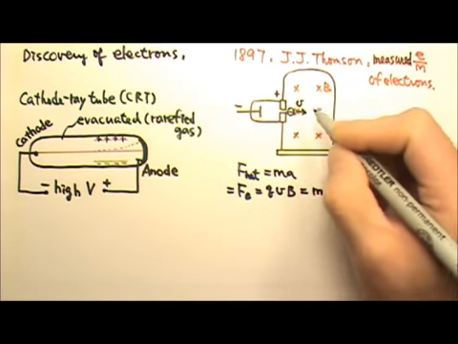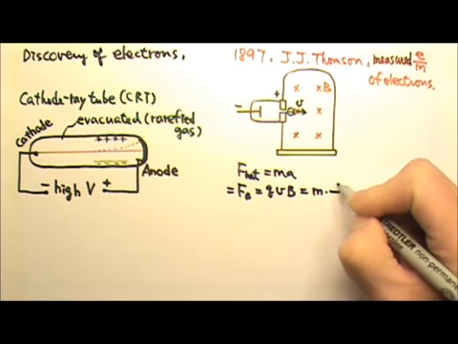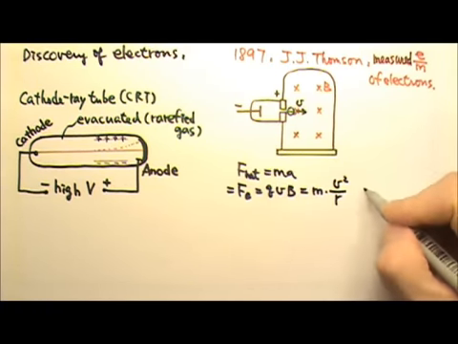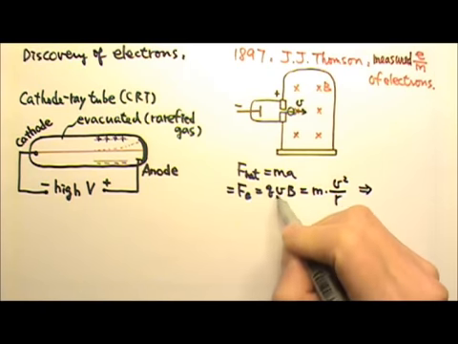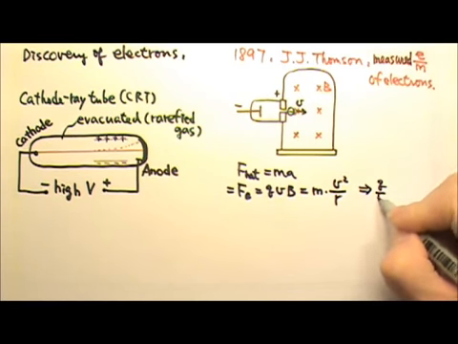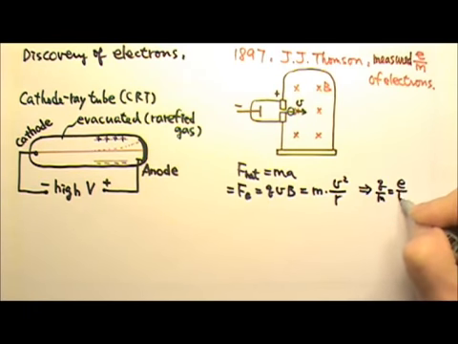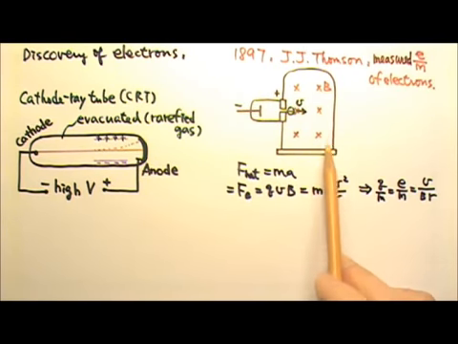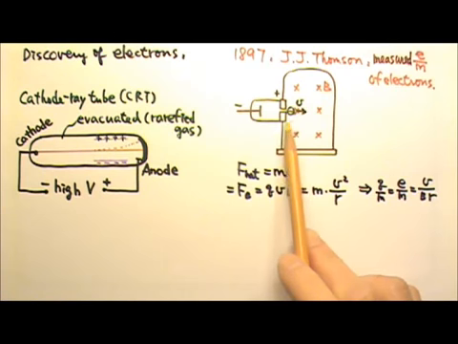And because the particle is going to do circular motion, the acceleration will be v squared over r. Therefore, we get the charge to mass ratio q/m, which for the electron, e/m, would equal v/BR.